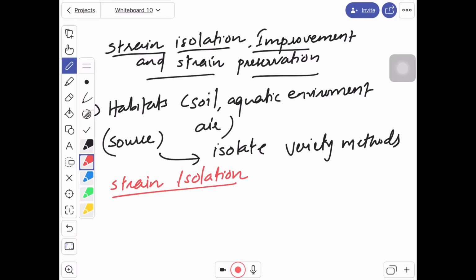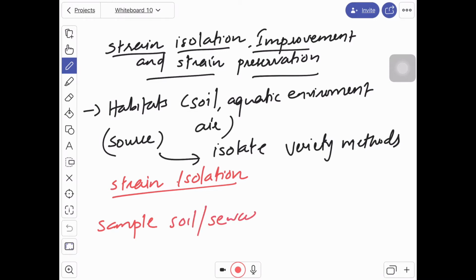Now we will see what are the strategies that we exploit for isolating our desired microorganism. If we take a sample, in the sense soil or any sewage, that soil or sewage contains a variety of microorganisms.